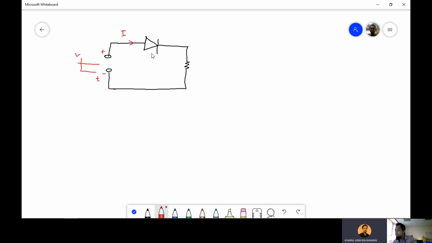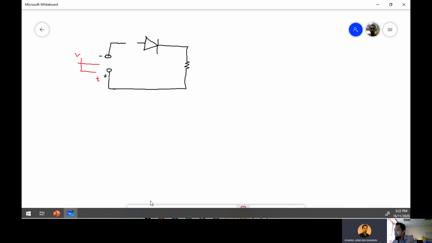Okay, but if we reverse the polarity, let's say we change the polarity now so that this one is positive and this one is negative. What will happen is that current will not flow. So the current now is reversed.